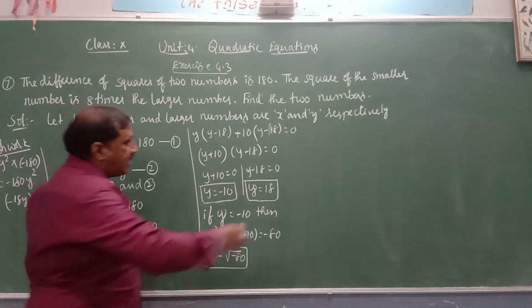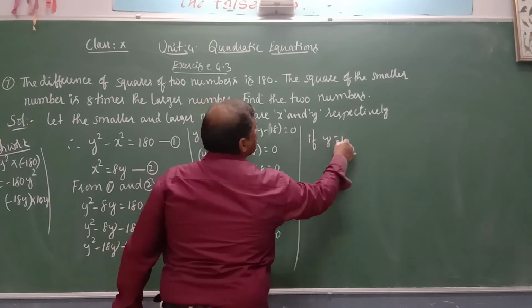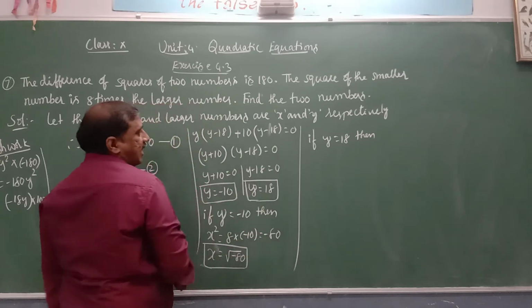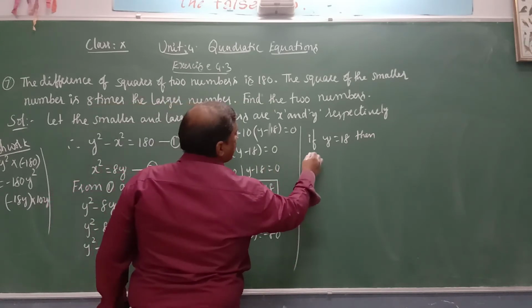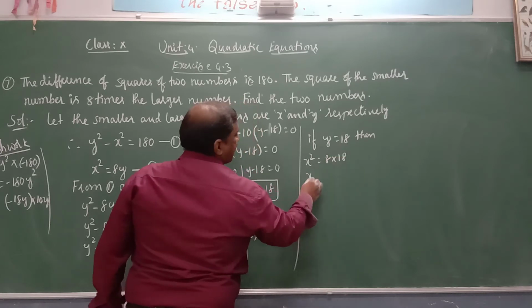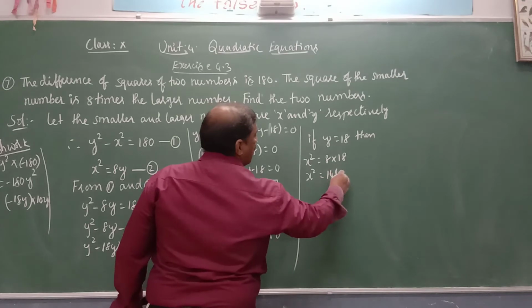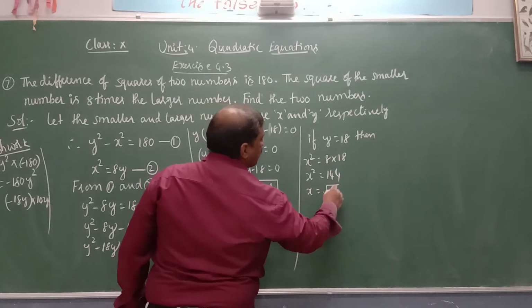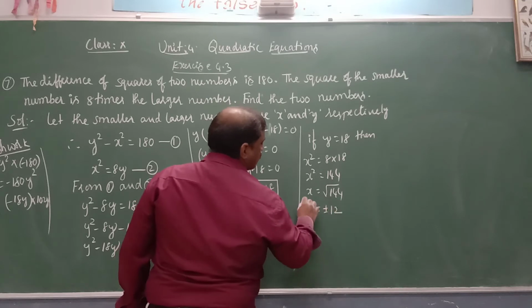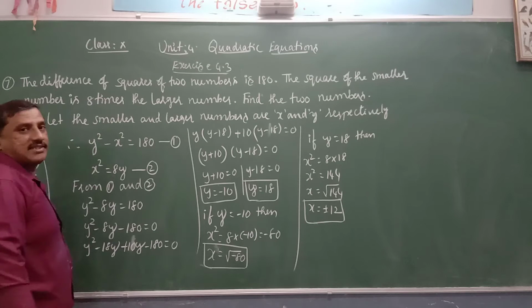Now take the second case. If y is equal to 18, then x square is equal to 8 into y, that is 8 into 18. x square is equal to 144. Now x is equal to the square root of 144, that is x is equal to plus or minus 12. x is equal to 12, x is equal to minus 12.